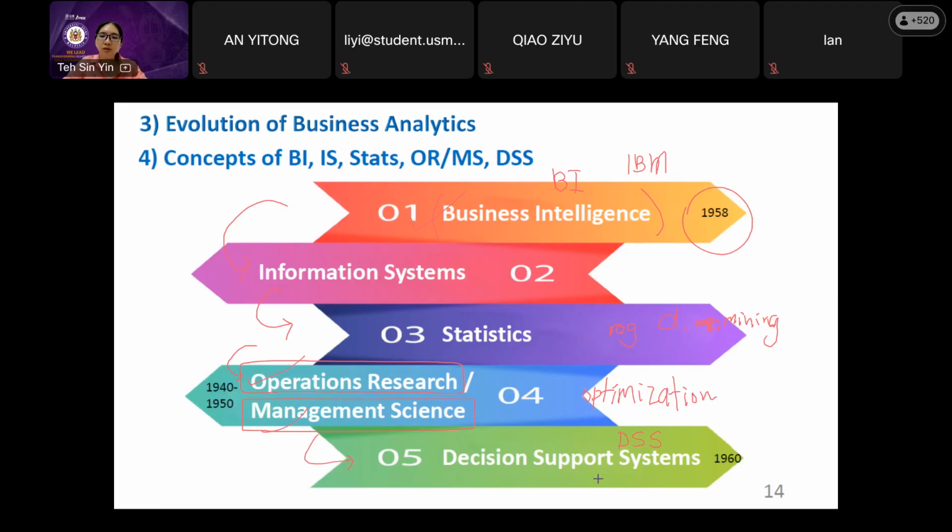This started with analytic-based computer systems to support decision making. After that, people came with data science, and then people came with business analytics. So this is how they evolved, from traditional until the modern data scientists or business analysts.